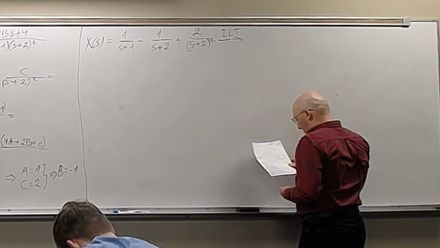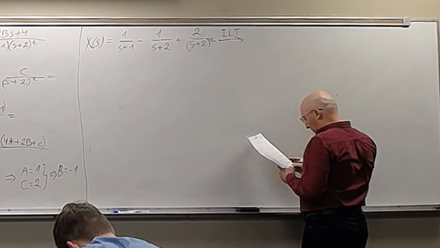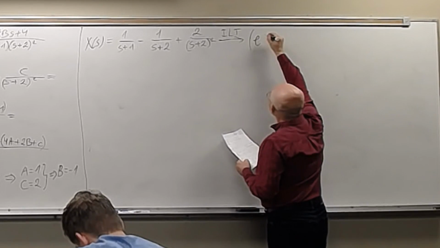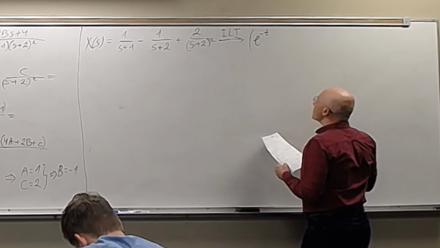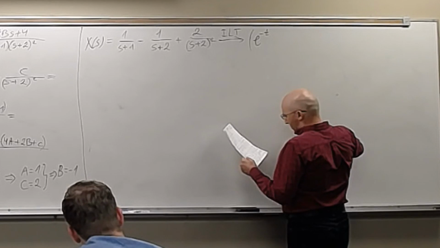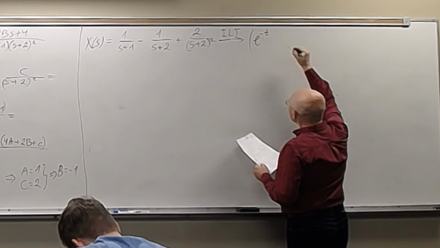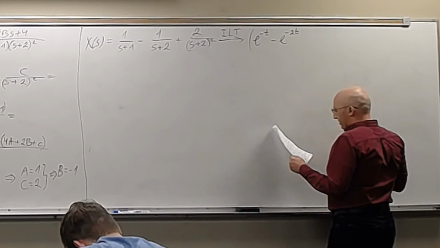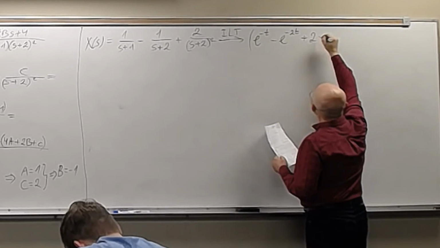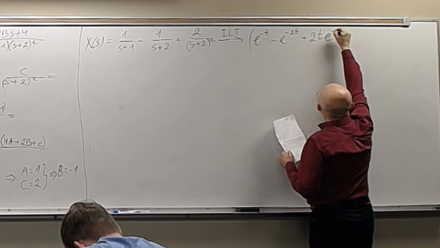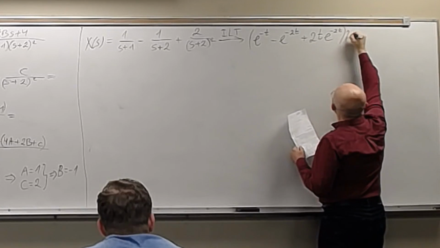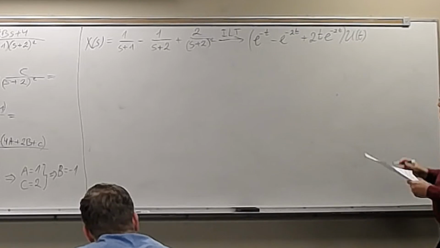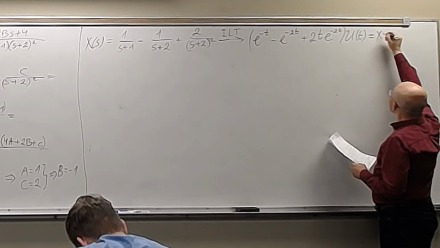One by one, so you get the sum of two exponents, and then t times exponent. So we get e to the -t. Those two are simple, and this one will be trickier. This is our s of t.